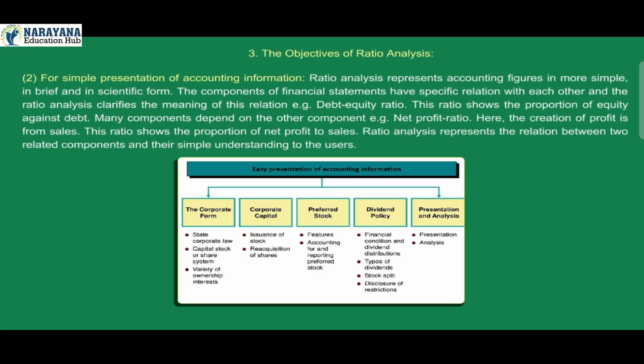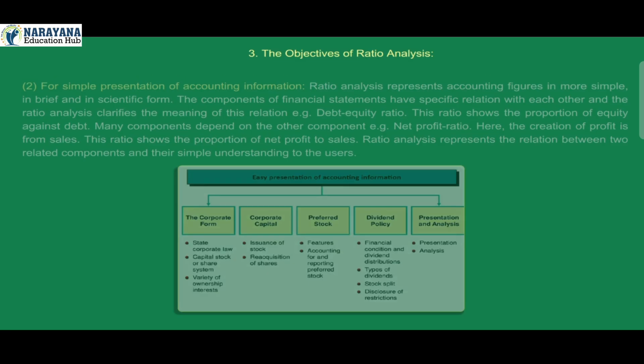Many components depend on other components. Example, net profit ratio. Here, the creation of profit is from sales. This ratio shows the proportion of net profit to sales. Ratio analysis represents the relation between two related components and helps users understand it simply.